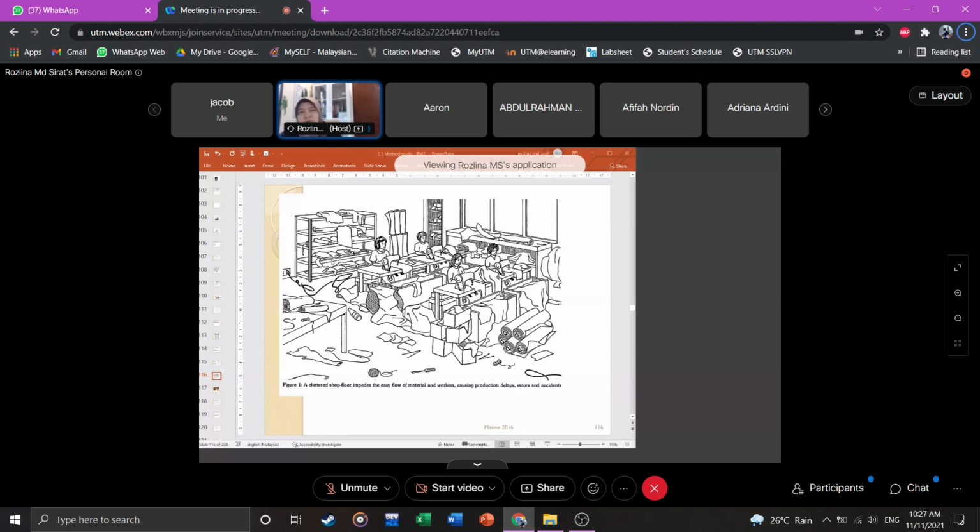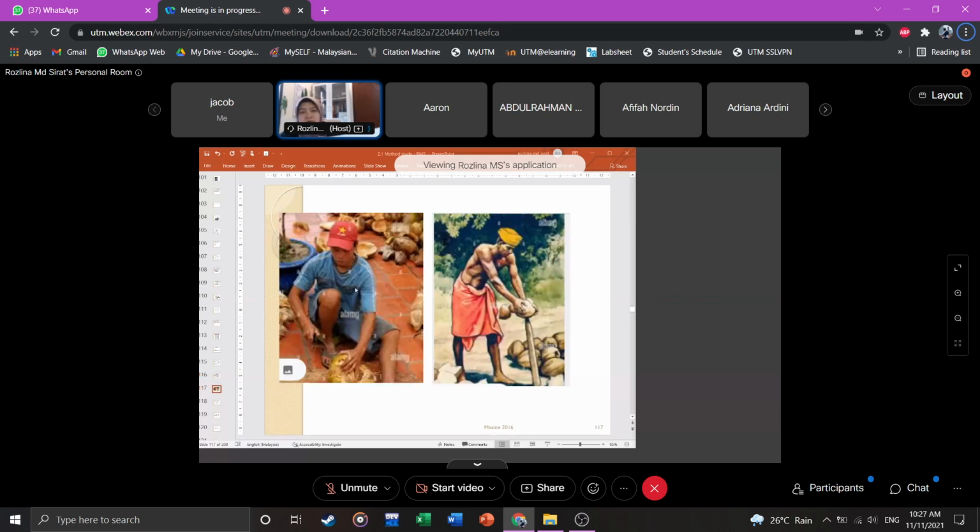This is a good example to show the blind movement, because you feel it is very difficult to find things. This is a government one: a cluttered shop floor impedes the easy flow of material and workers, causing production delays, errors and accidents. Cluttered means messy.